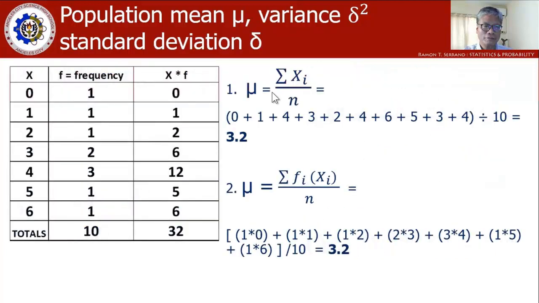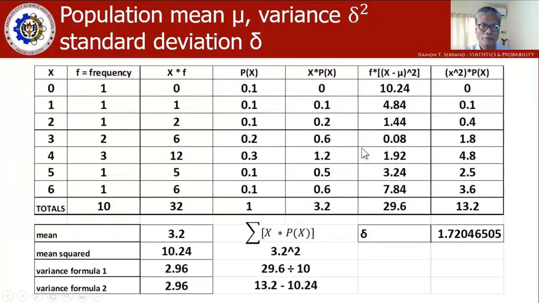Okay, now in our example previously, wherein we have a series of numbers, we calculated them, and we found out that we have an average of 3.2 using the first formula and the second formula. Okay, you can recall that. And for the variances, we also calculated the variances using the two formulas, and we both came up with 2.96 using formula 1 and formula 2.